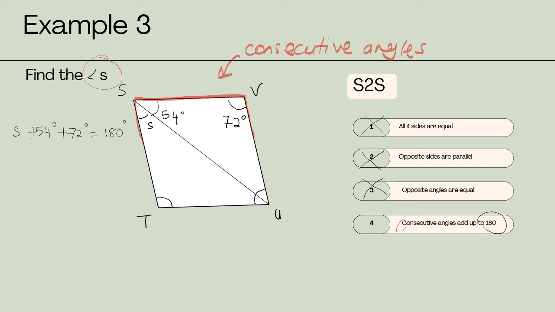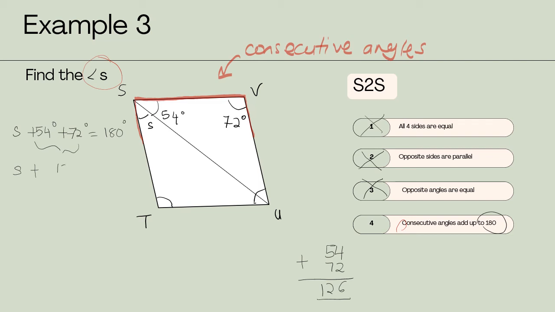But before that, let's just make our life easier. Let's add up these two numbers first. So S plus, what is 54 plus 72? If you can't do it in your head, it's okay. You can always do a side calculation. So 4 plus 2 gives us 6. 5 plus 7 gives us 12.